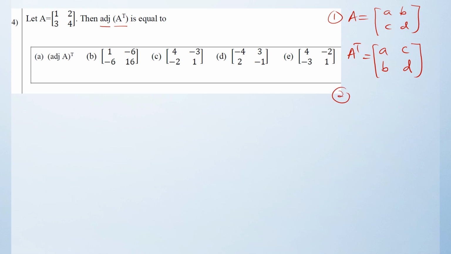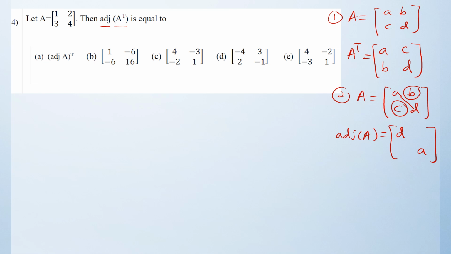Again, if you have a matrix capital A as a, b, c, d, you can take the adjoint easily. This method is only for 2 by 2. You interchange the diagonal elements, so we have d here and a here, and you change the sign of the off-diagonal elements, so we have minus b and minus c.